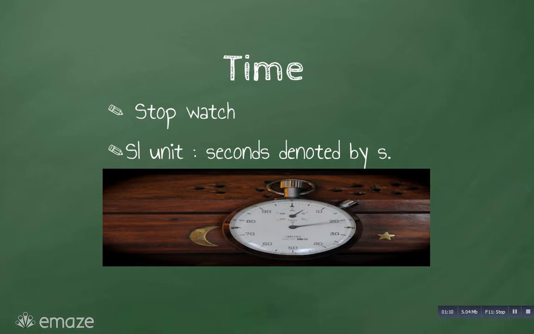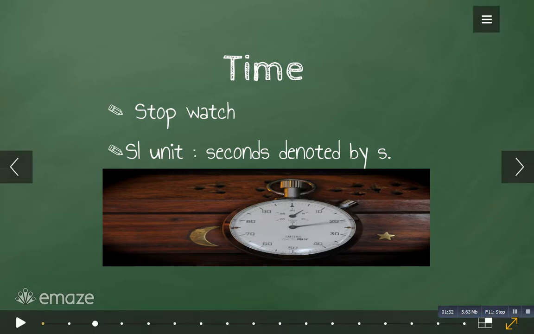Now, other units of time are hours and minutes. I assume that you know that 1 minute is equal to 60 seconds and 1 hour is equal to 3600 seconds. If you want to note that, please write it down.